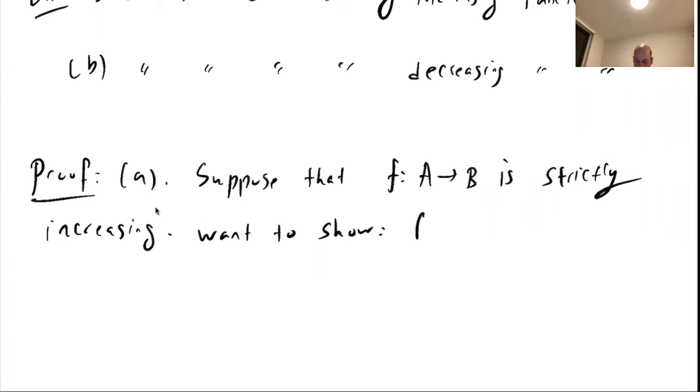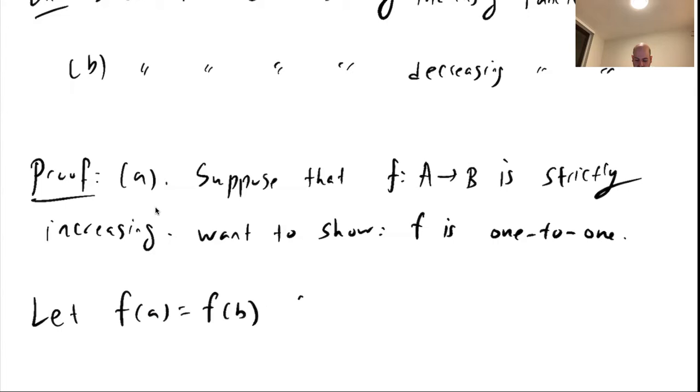Want to show f is 1 to 1. How can I show that the function is 1 to 1? I have to start with f of a equals f of b, right? So let f of a equals f of b for a and b in the domain of f.